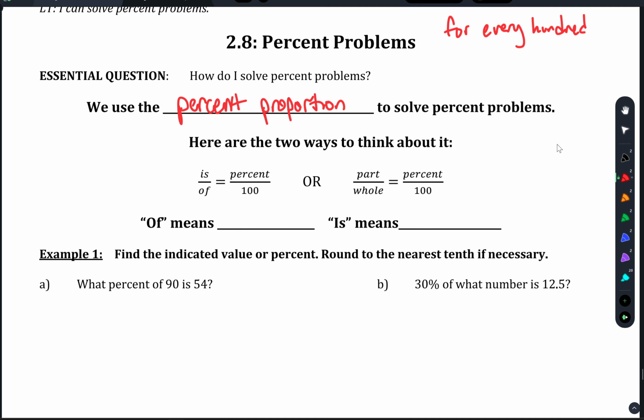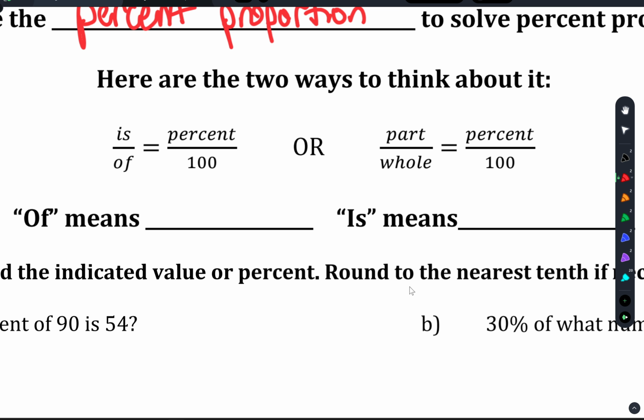Now there's two ways of thinking about percent problems. In the word problems, we often see the words is and of. Those words are going to tell us what the part and what our whole are. So if you're thinking about 3 out of 4, 3 is the part, 4 is the whole.